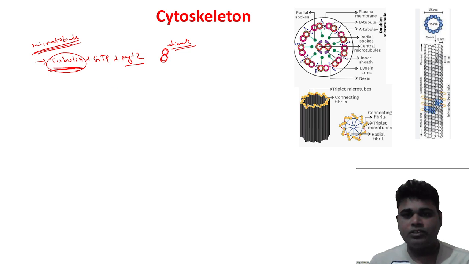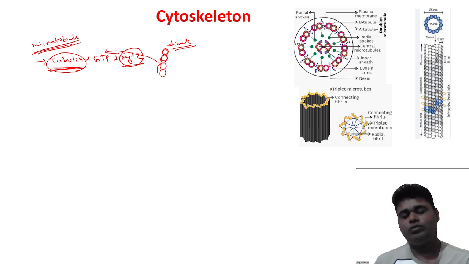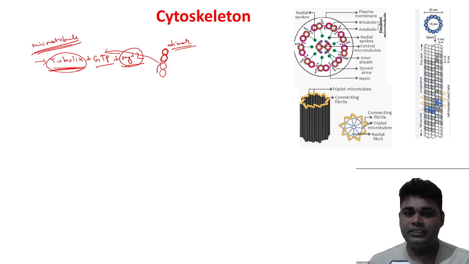So now this is one tubulin, and to this one tubulin another tubulin is joined, and this joining is accompanied by GTP with the catalysis of magnesium. That means it needs GTP, and it also needs magnesium for the activation of the GTP. So with the help of GTP and magnesium, one tubulin joins another tubulin.